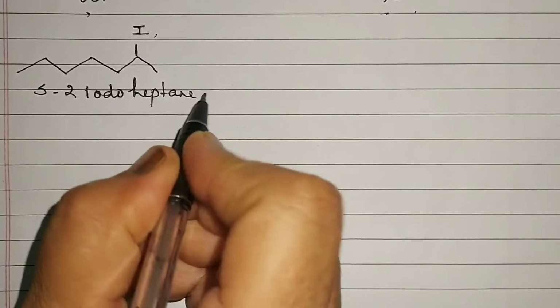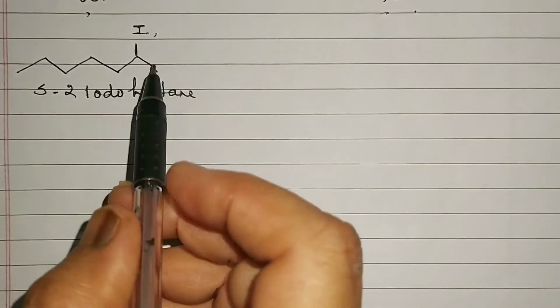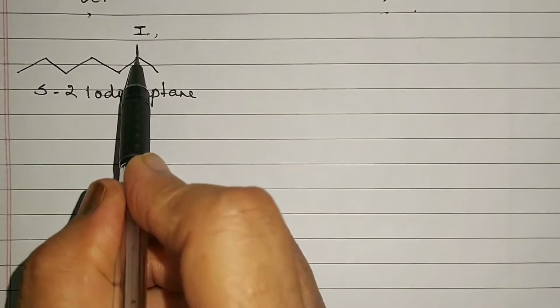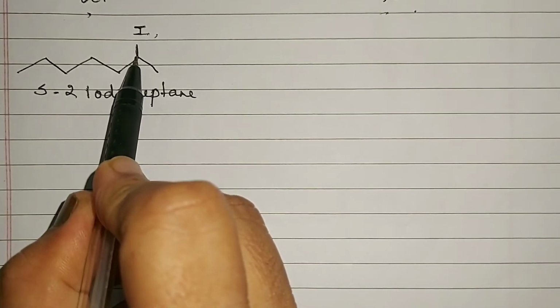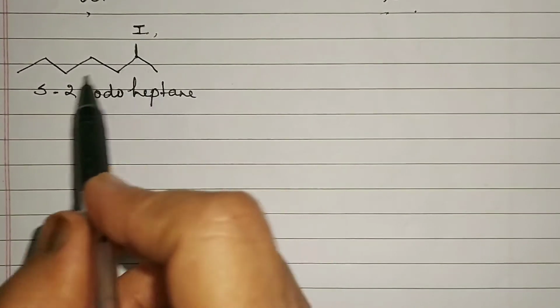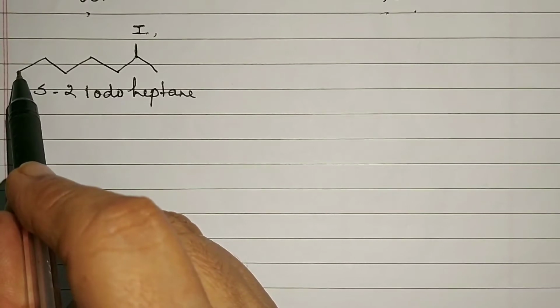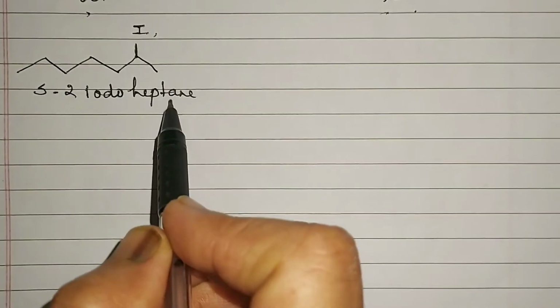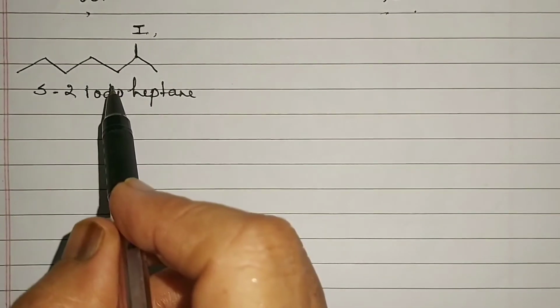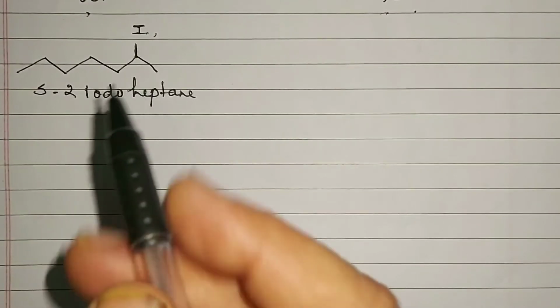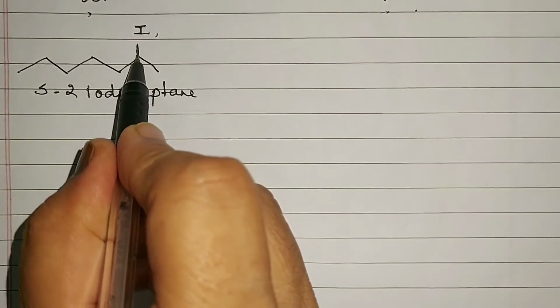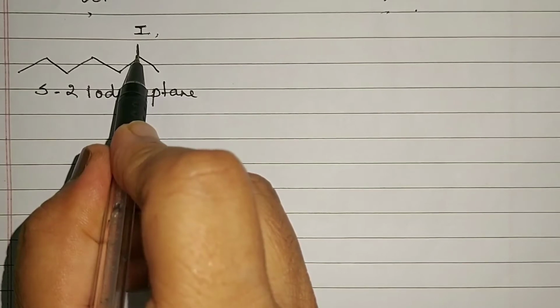At carbon number 2, iodine is present and this compound is a derivative of heptane. So this is 2-iodoheptane. This compound is optically active because carbon number 2 is a chiral carbon.